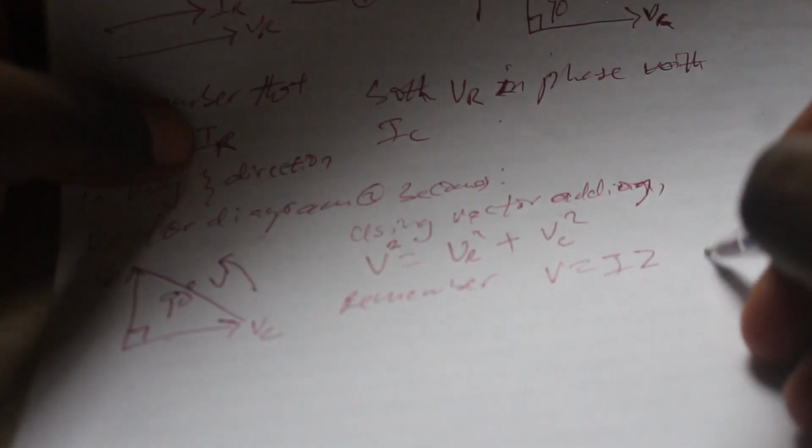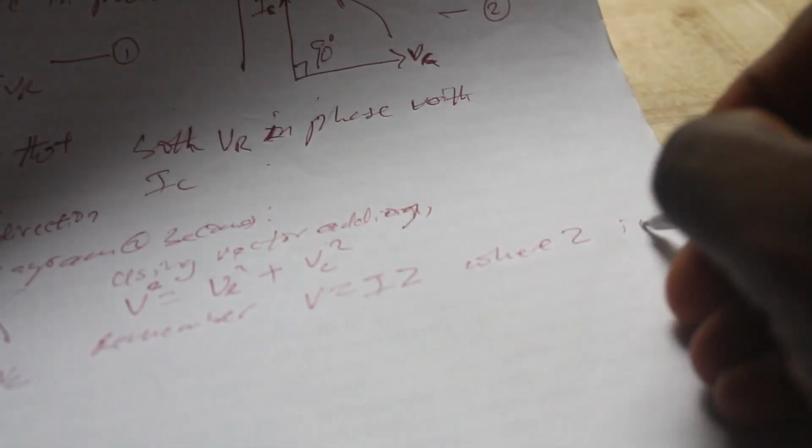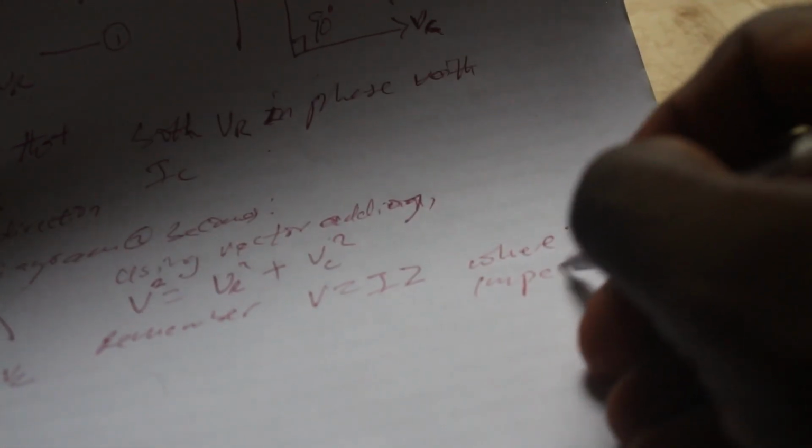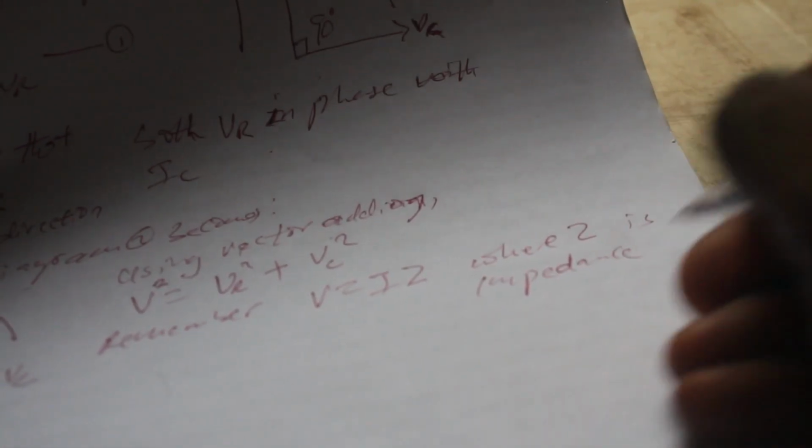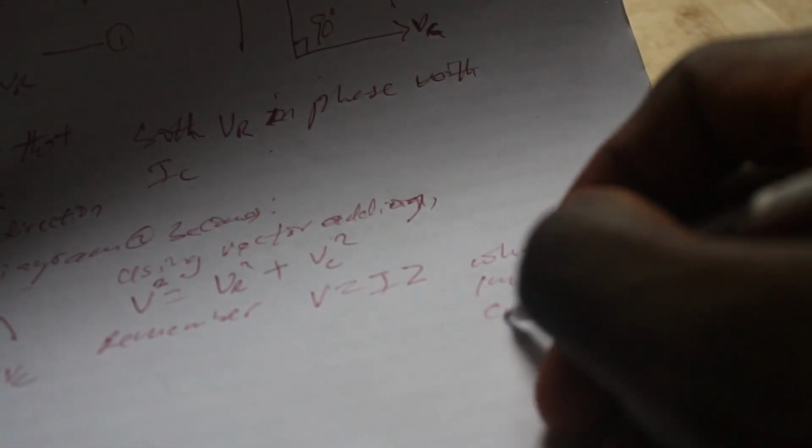Is that taken? Now remember also from Ohm's law that V is equal to IZ, where Z is the impedance in the circuit.